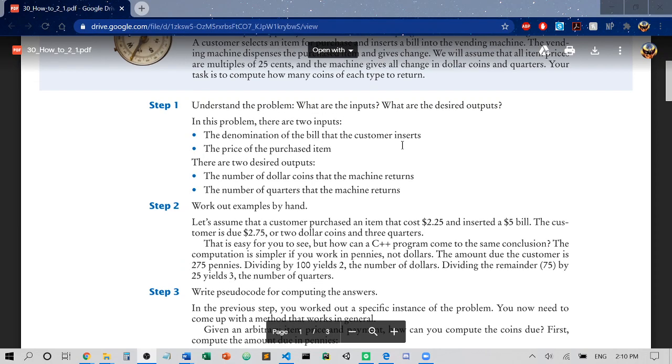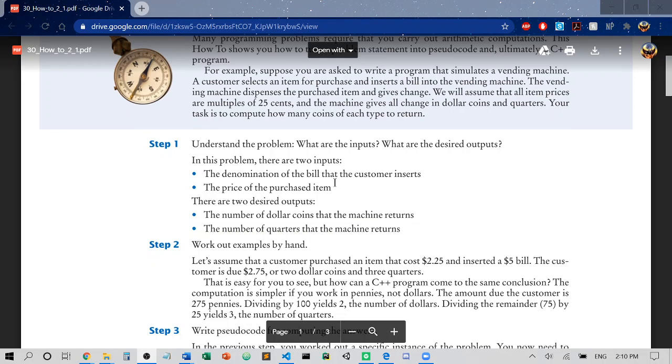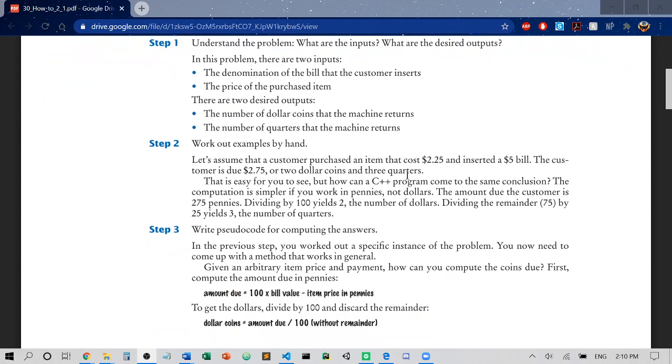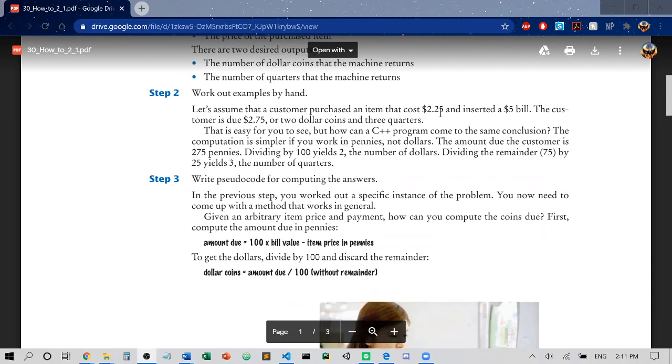In this particular example, we do have two inputs that we can identify: the denomination of the bill that the customer inserts into the machine, and the price of the purchased item selected by the person using the machine. The two desired outputs are some number of dollar coins that the machine will return, and some number of quarters that will also be returned back to the user of the machine.